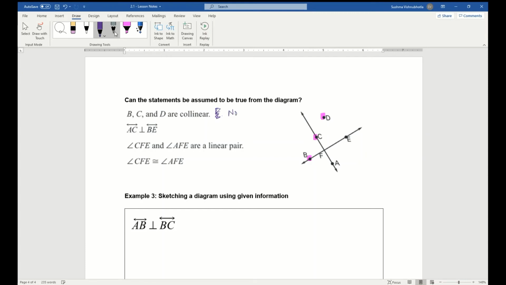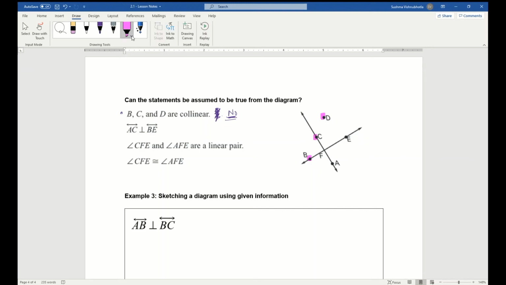So unless there's actually a line, you can't assume points are collinear, okay? And I know what I said in Unit 1. We're just going to go with this to keep it consistent. So B, C, and D, even though they look like a line can be drawn through them, there isn't a line drawn through them. So no, you cannot assume they're collinear.